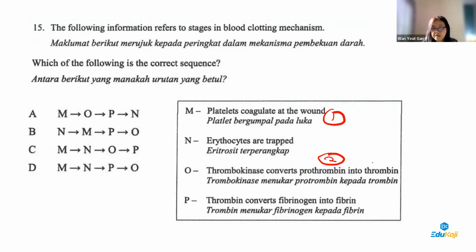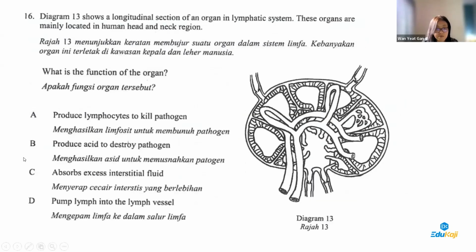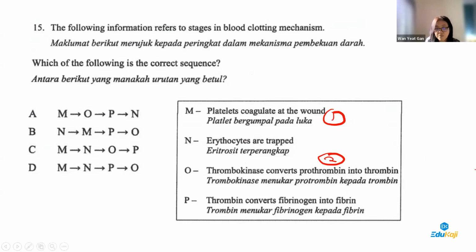Thrombin is an active enzyme, and then thrombin will convert fibrinogen into fibrin. This is the third, and the last one is the fourth. So it's M, O, P, and N. Answer is A.